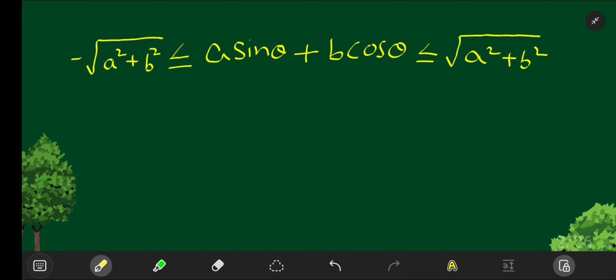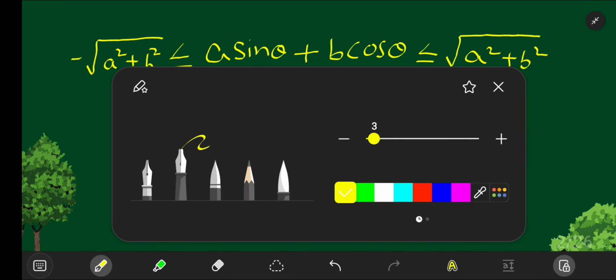Important formula. Direct questions will be asked from this formula.